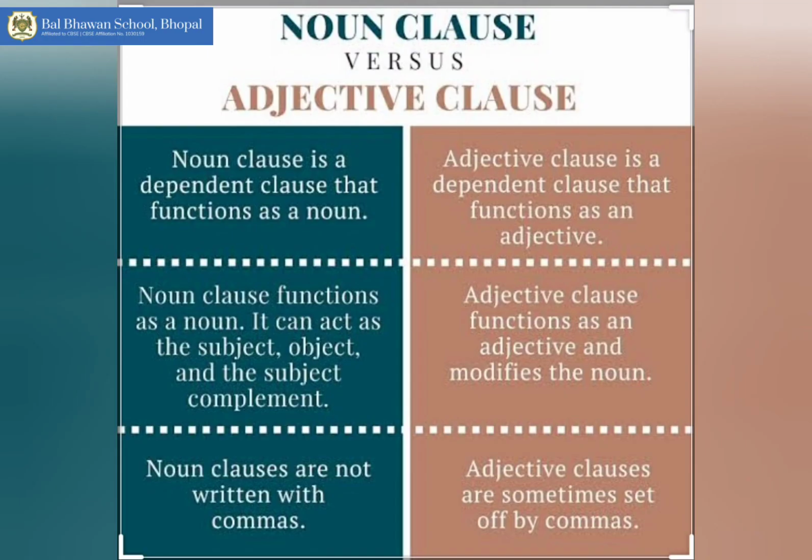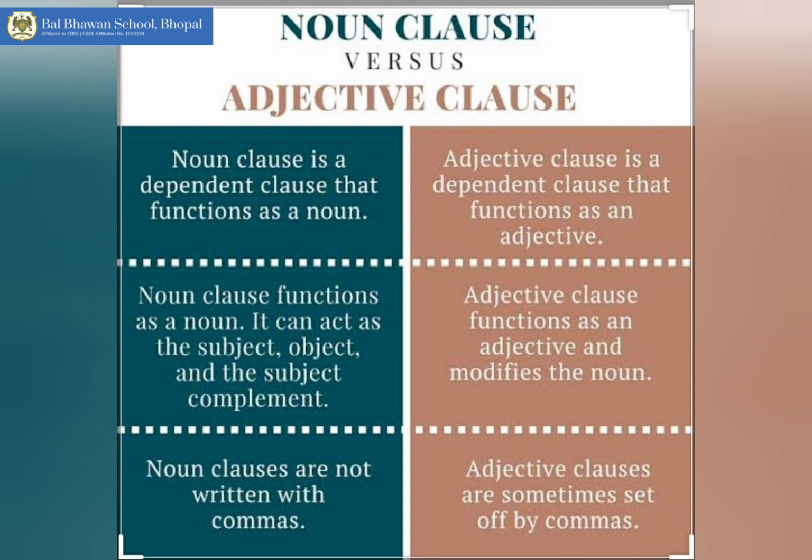We can easily distinguish between the noun clause and the adjective clause if we look at the table given here. A noun clause is a dependent clause that functions as a noun. An adjective clause is a dependent clause that functions as an adjective.